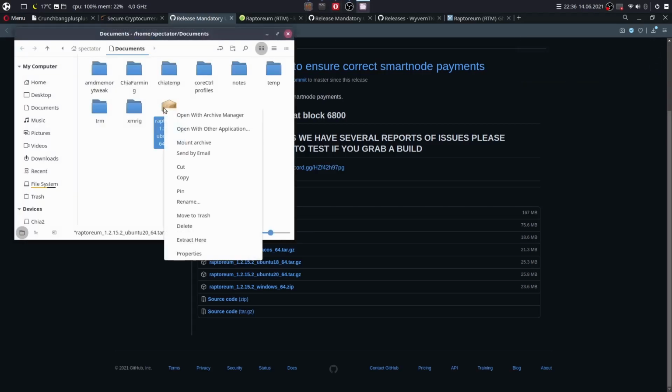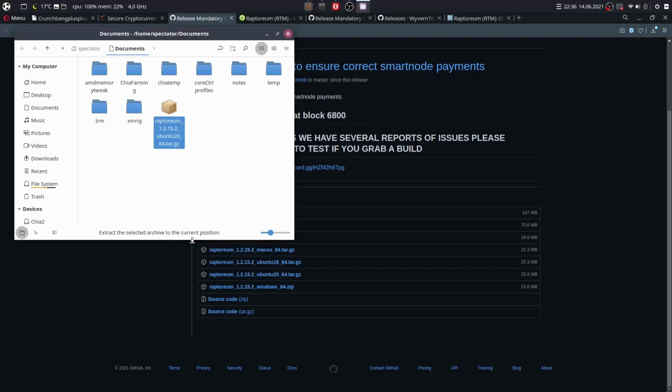Okay, let's unpack it. Extract here. I will shorten the name to RTM wallet.